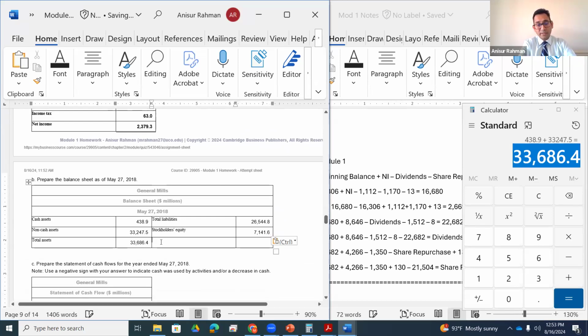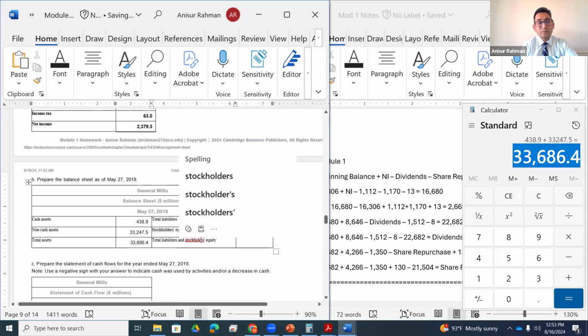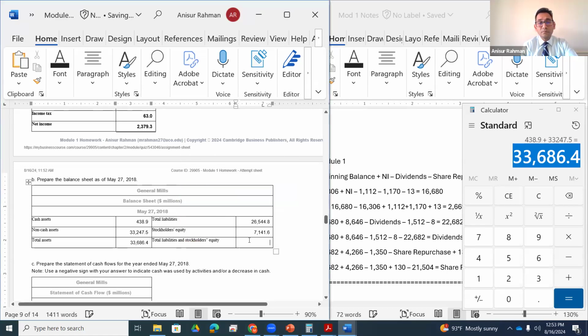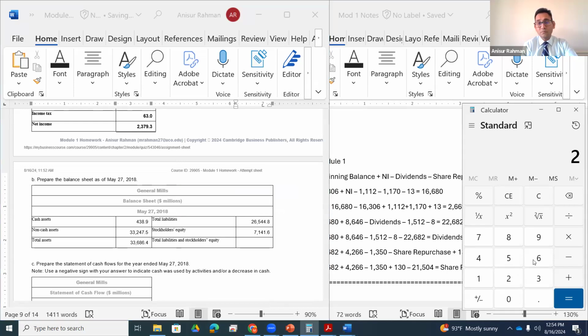If we add these two, we'll get $33,686.4.